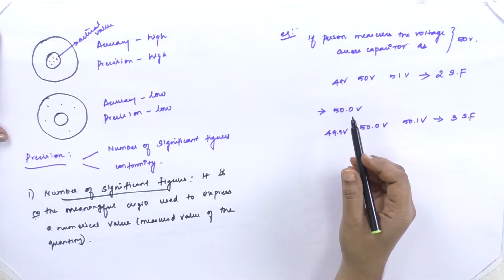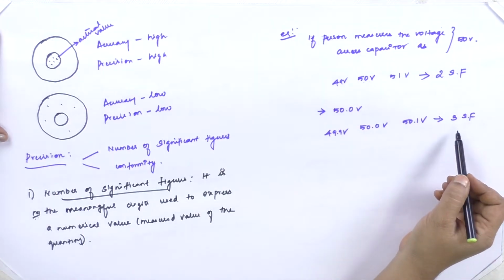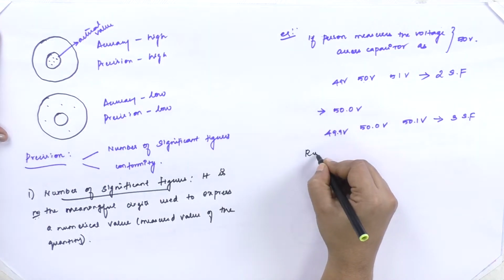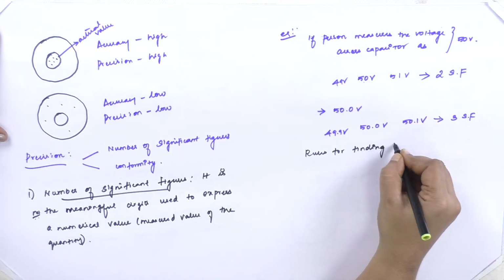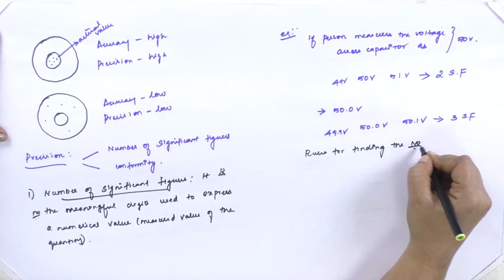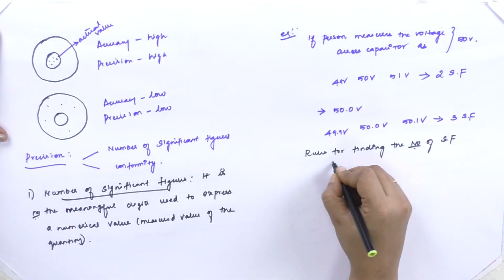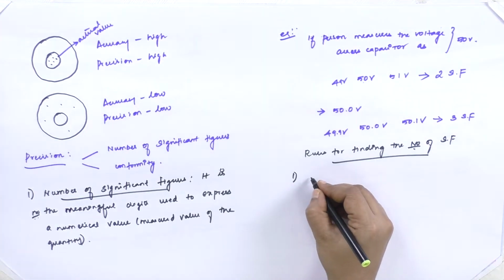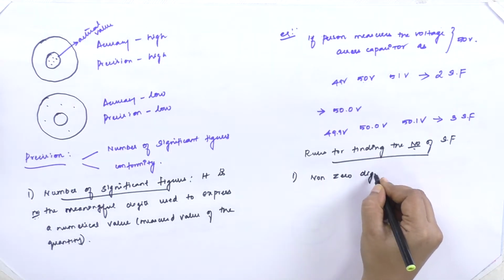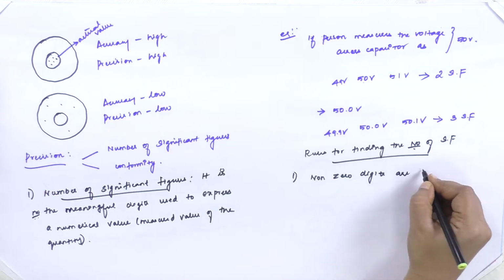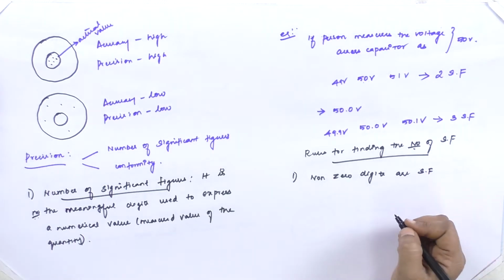There are certain rules which are to be followed while finding the number of significant figures. We will see the rules for finding the number of significant figures. First rule is non-zero digits are significant figures.